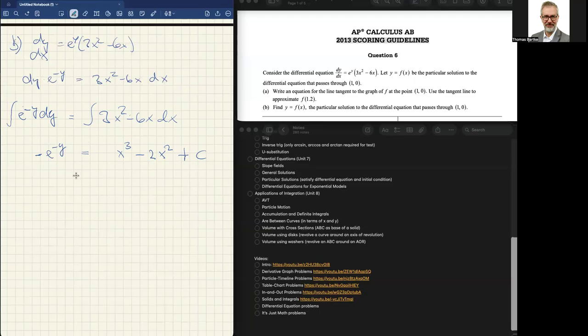Now, at this point, we're going to apply the initial condition to solve for c, to find the c that we need. Plug in the 0 for y and 1 for x. So negative e to the 0 is equal to 1 cubed minus 2 times 1 squared plus c.